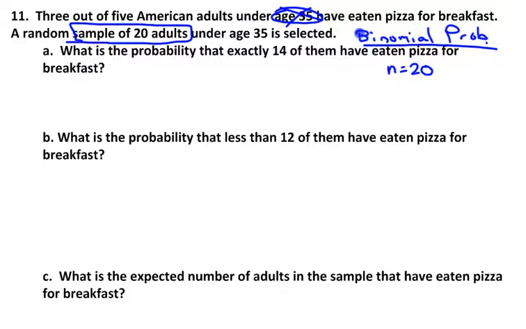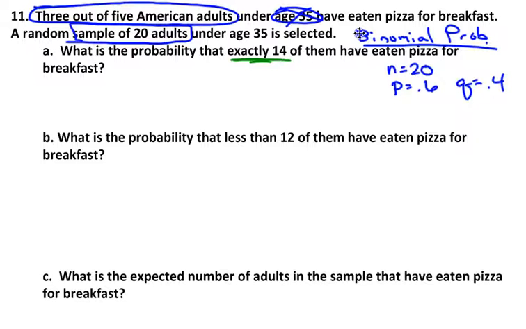When we read 3 out of 5 American adults, that should tell us that our P is 3/5 or 0.6, which also tells us that our Q is 0.4. Now when we read part A, it asks us what is the probability that exactly 14 of them have eaten pizza for breakfast. So that's telling us that X is 14 for this part of the problem.